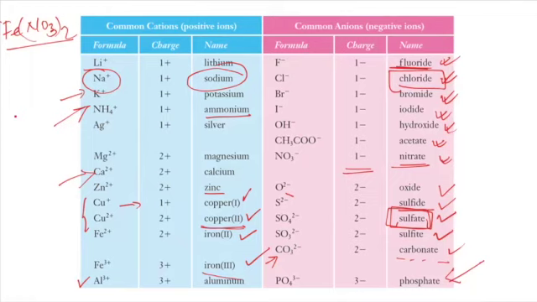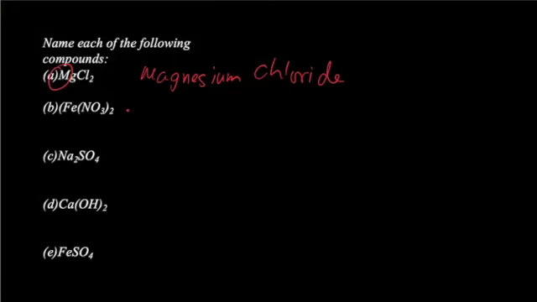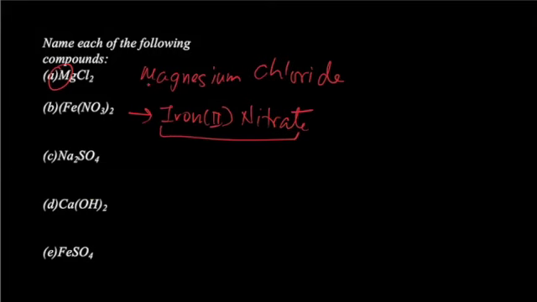Nitrate has how much charge? -1. And two of them are there, no? So that's -2. So this side you need is +2. So this is iron 2 or iron 3? Iron 2, right? So we need iron 2, and then we have nitrate. Okay, as easy as that.